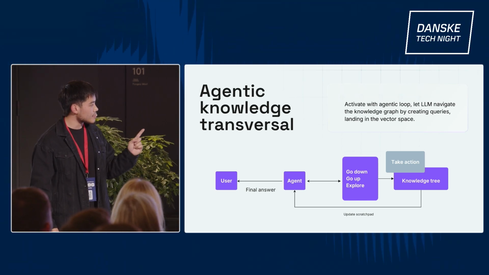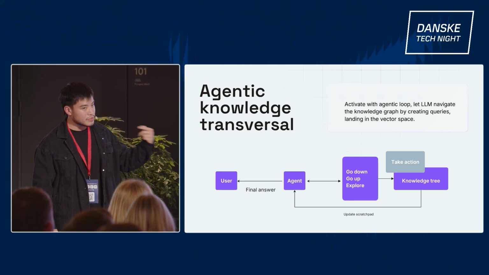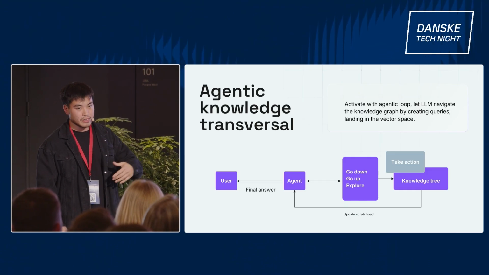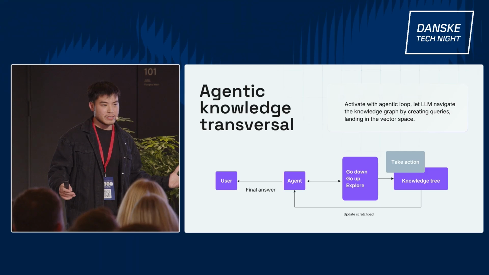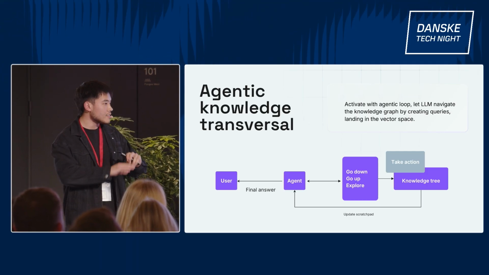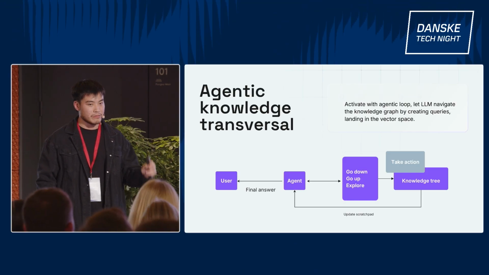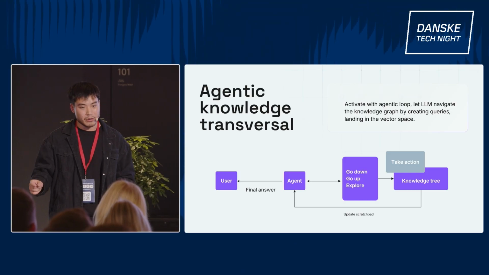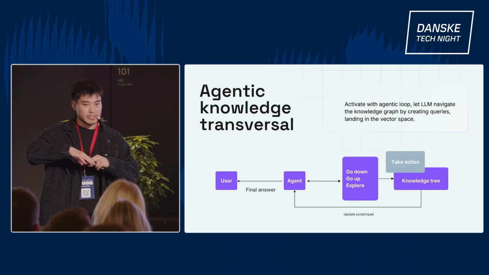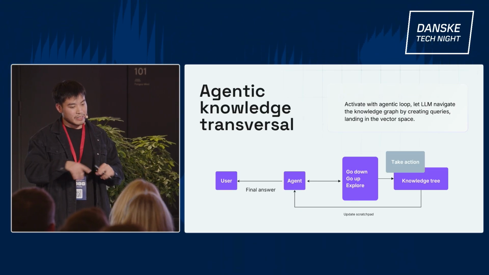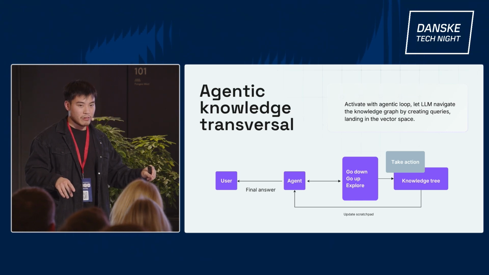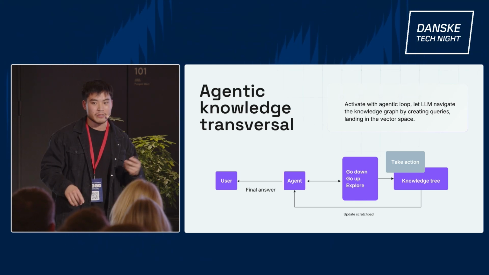And as you can see, this is an iterative loop that lets the model update a scratchpad and iteratively traverse this knowledge graph, the knowledge graph that used to be completely chaotic and unstructured, and hopefully find a good answer. So let's say even in the worst case scenario, you look for financial report 2025 and you land in the financial report 2024, the model will be able to go up a node and see the general financial report nodes, then explore it and see, oh, I see a children node that talks about financial report 2025, and then go down that node and give you the accurate answer.